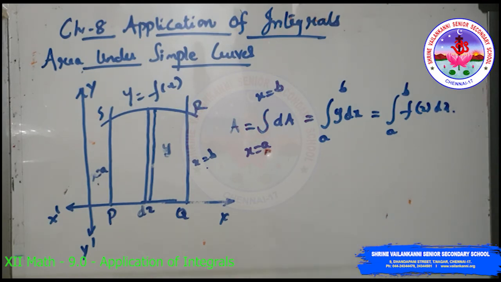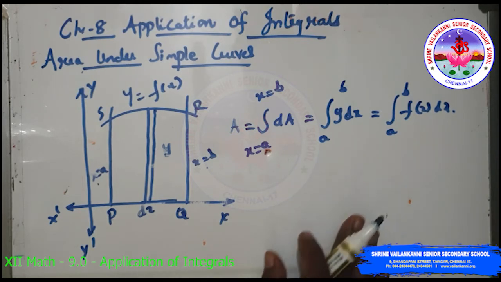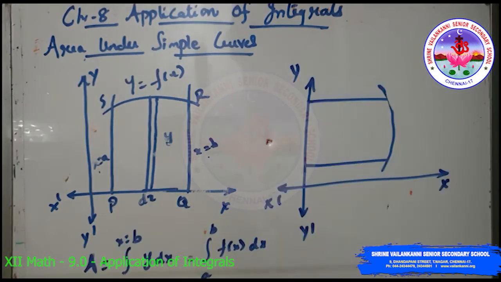So the area A of the region bounded by the curve y equal to f of x, the x-axis, and the lines x equal to a and x equal to b is the integral from a to b of y dx, which is the integral from a to b of f of x dx.